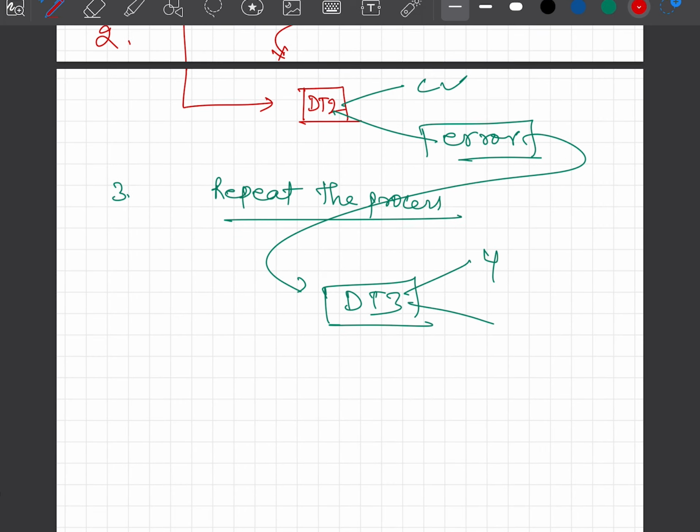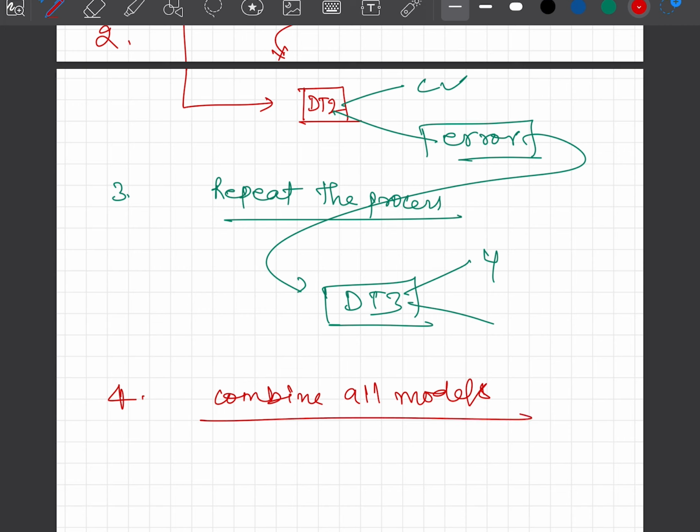So this process continues for many models, and each model improves on the mistakes made by the previous one. The final step will combine all the models.